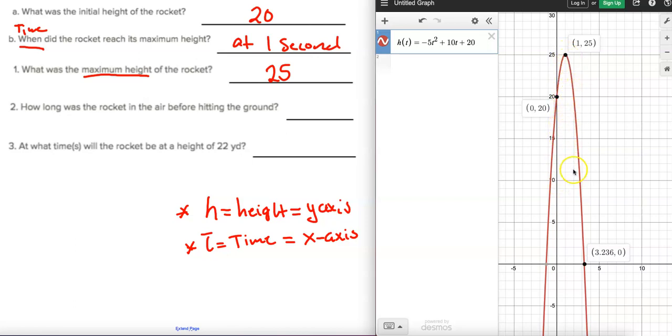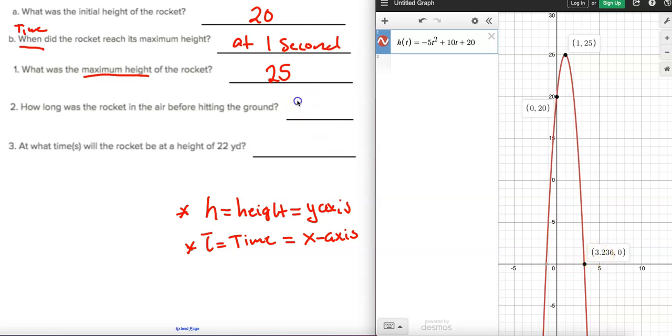It's falling down. And so here is when it actually hits the ground. So how long, meaning time, was the rocket in the air before it hit the ground? It looks like it was there for about 3 seconds.